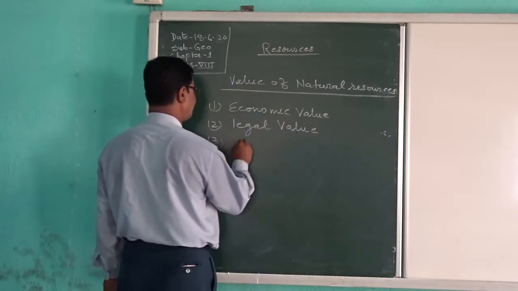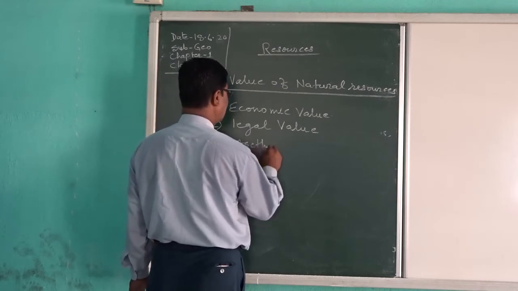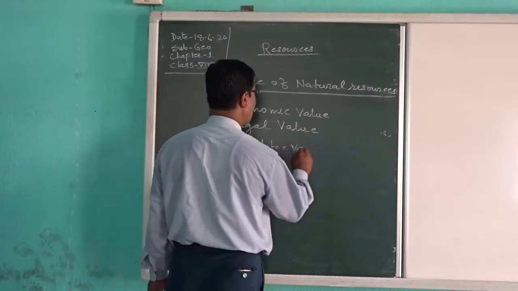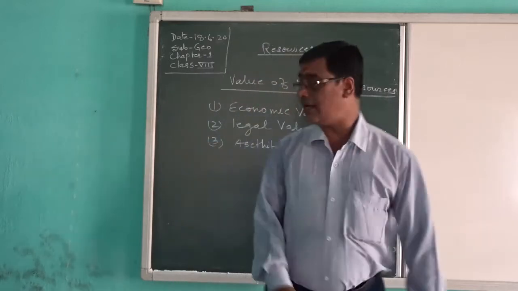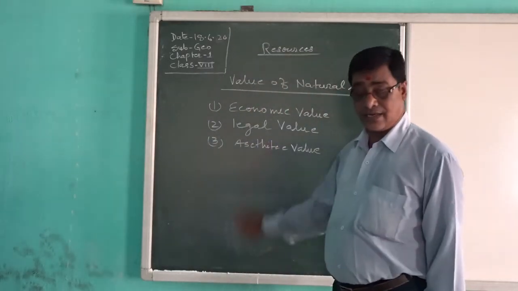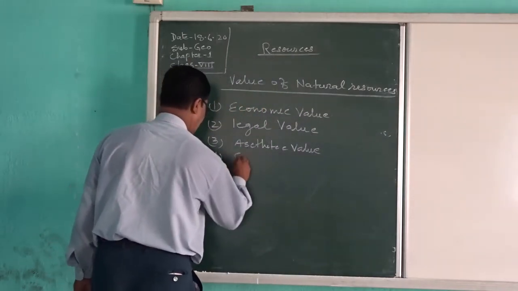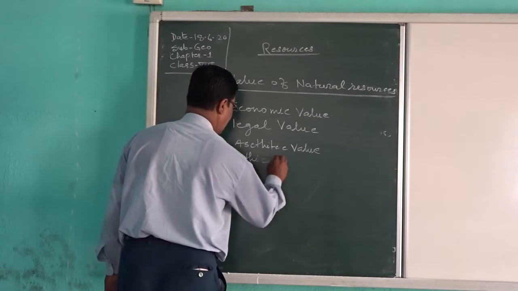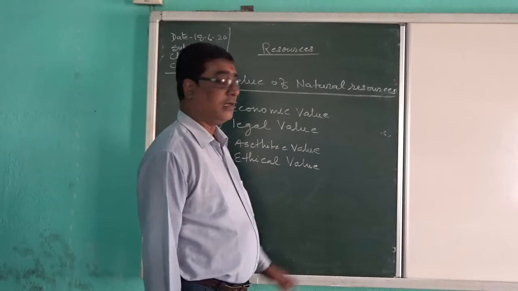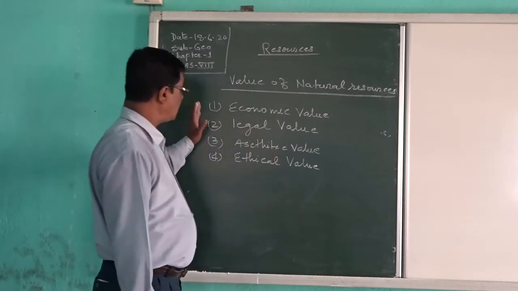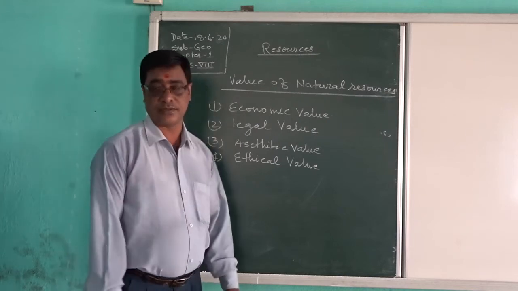Third is aesthetic value, and fourth is ethical value. So dear students, now we should understand what the value of natural resources is.